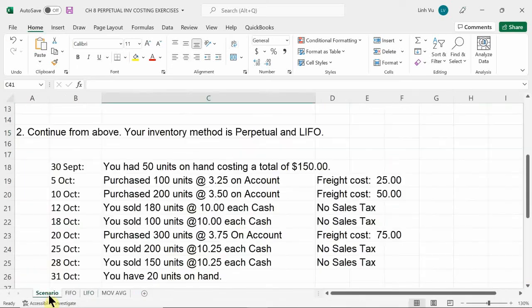Then on October 10, we purchased an additional 200 units at $3.50 with a freight of $50.